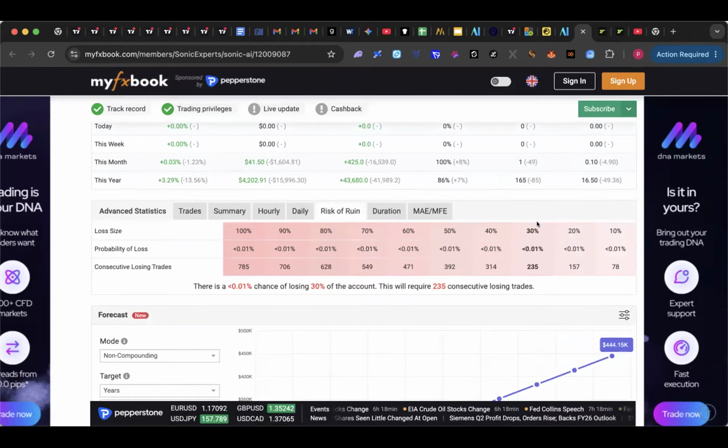In statistics, they call it risk of ruin. The chances of that money going flat, that they will start calling you for a margin call: with their conservative strategy, Sonic would need to lose trades 78 times back to back.